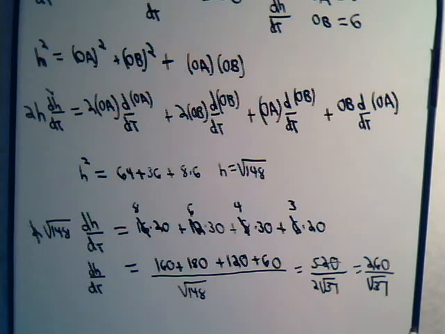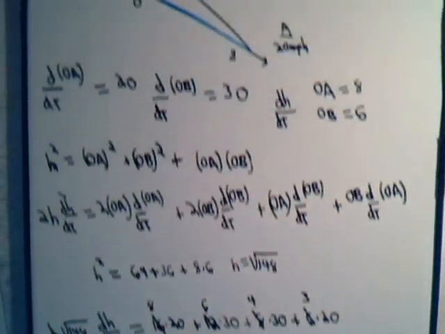That in miles per hour then is dh/dt. So 260 divided by whatever the square root of 37 is, it's a little bit more than 6 obviously. That is what dh/dt will be, in terms of miles per hour.